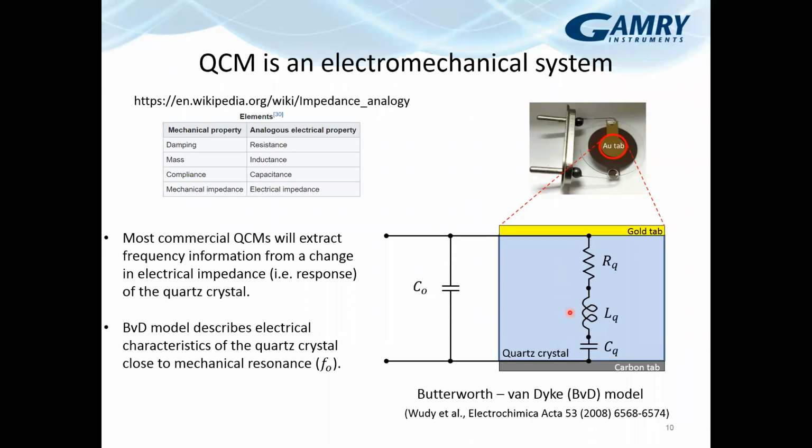Hopefully you have a little bit of a background in this. If not, I can tell you that the R is related to damping and friction, and the tendency to impede motion. The inductor, LQ, is related to the mass of the crystal that's actually moving. It's related more to the inertia, the force required to actually move and cause the deformation.